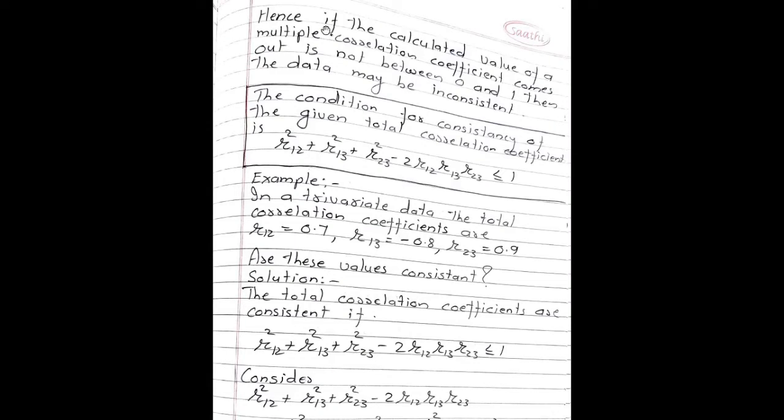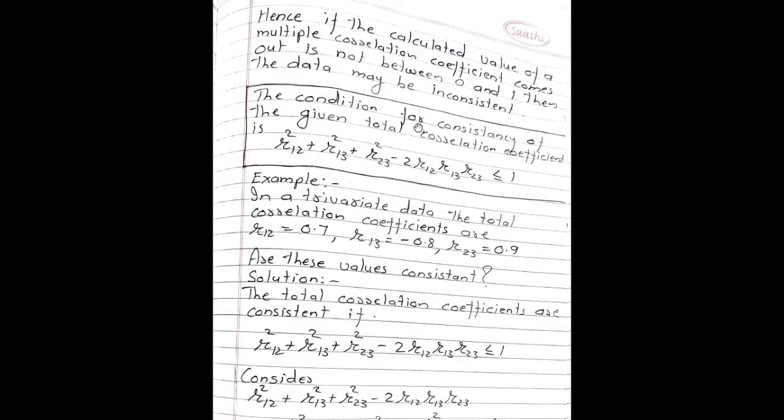Hence, if the calculated value of multiple correlation coefficient comes out not between 0 and 1, then the data may be inconsistent.